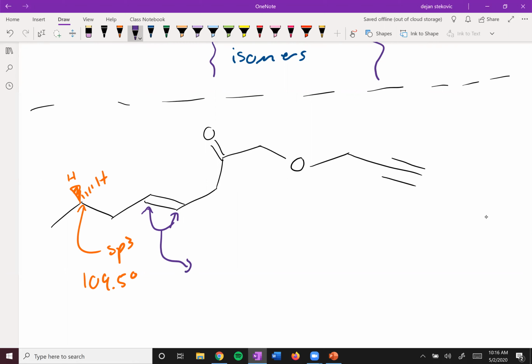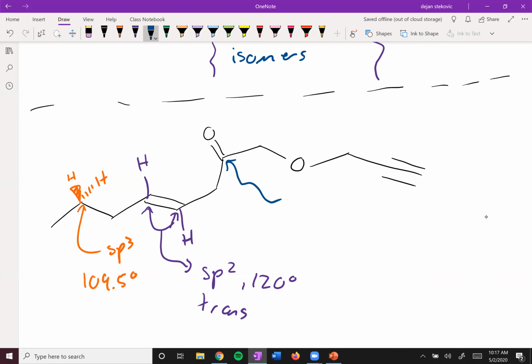Remember, carbon always has 4 bonds. So there's actually an H here and an H coming right here that we don't explicitly draw. And so 3 things attached, that's sp2 hybridization. All these bond angles are 120 degrees. And since the carbons are on opposite sides of one another, this is the trans isomer of this compound.